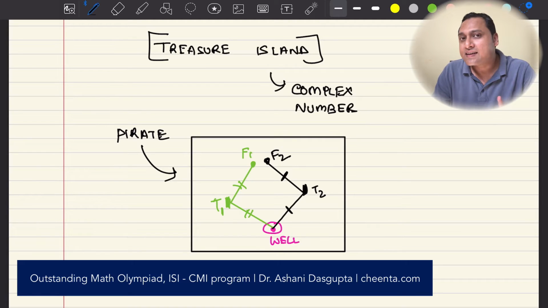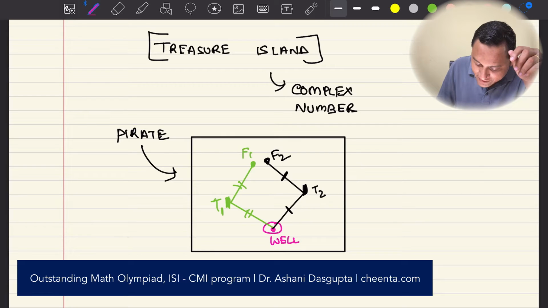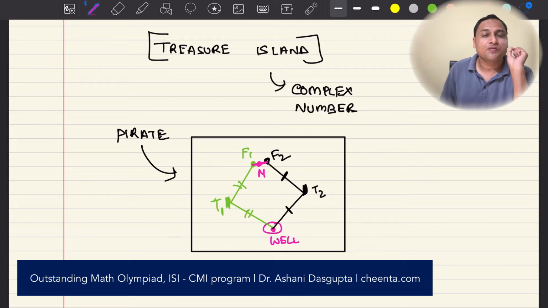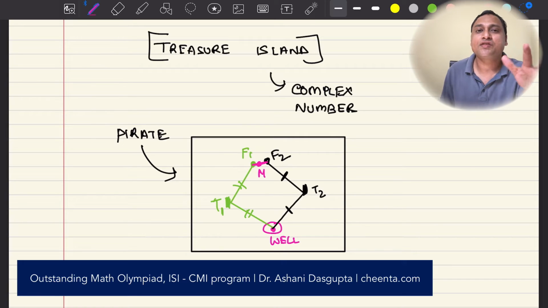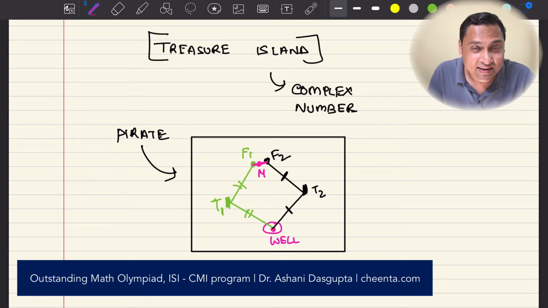So what he does is, he puts the treasure in the midpoint of flag 1 and flag 2. This point M is the treasure point. Okay? So if you did not understand the instructions, I would encourage you to just go back and revisit the instruction, because soon we will start finding the treasure.